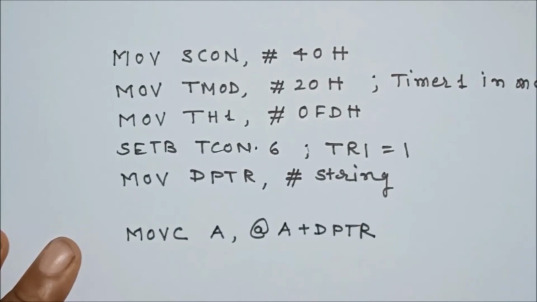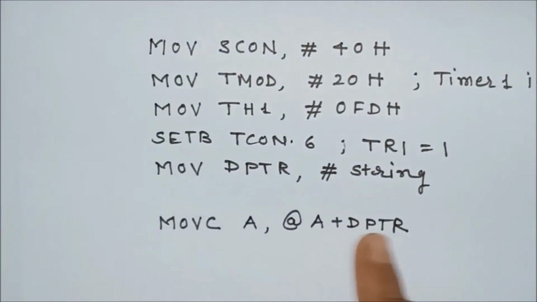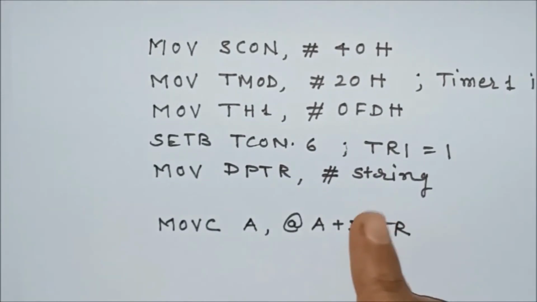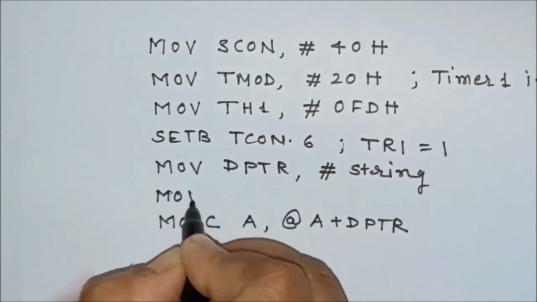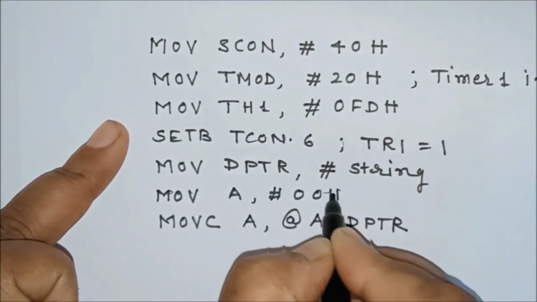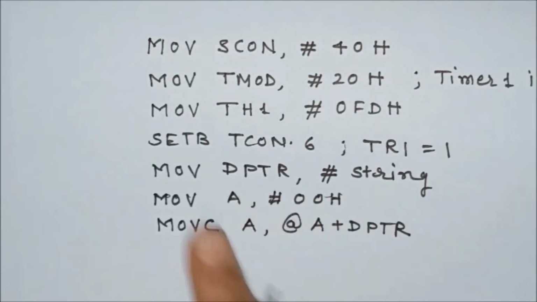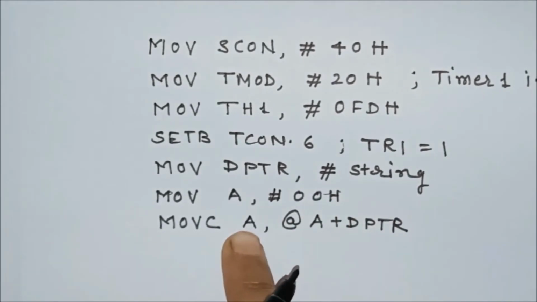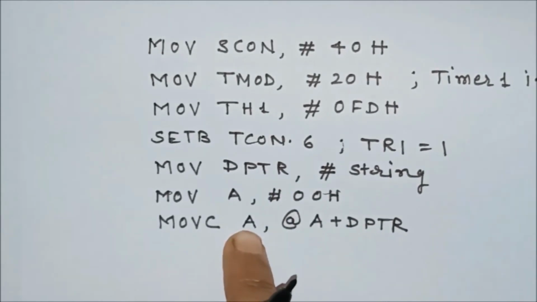The DPTR register has the address of the first character, and for this instruction the DPTR contents are added with the accumulator, but we want the memory location address stored in DPTR, so we'll initialize the accumulator register with value 0. Since the accumulator is 0 and DPTR contains the address of the first character, the contents of that address location will be stored in the accumulator. That means in this example the ASCII value of C will now be stored in the accumulator.